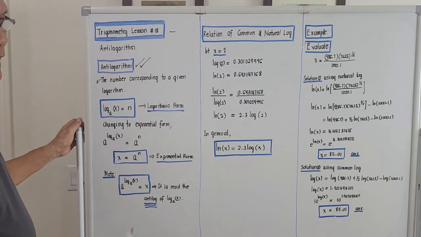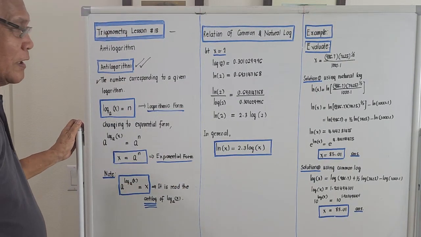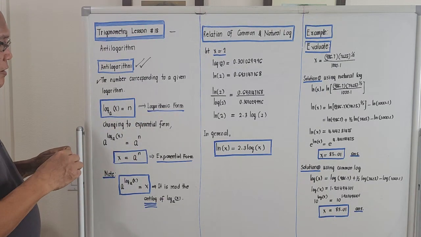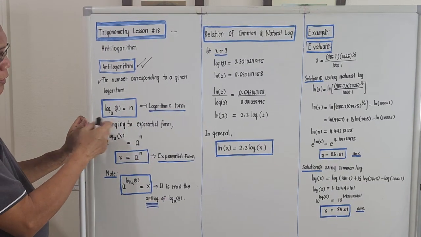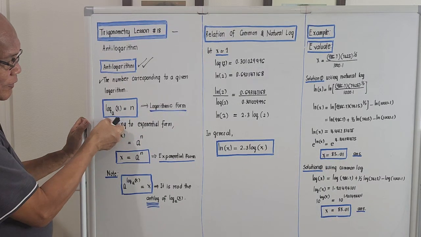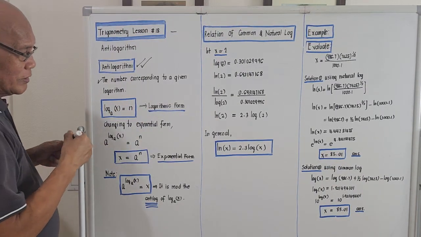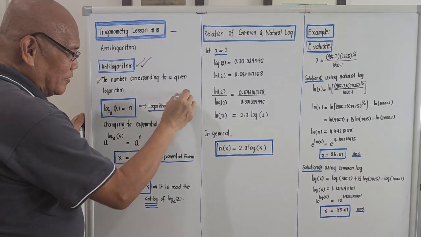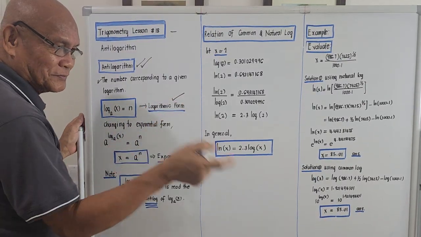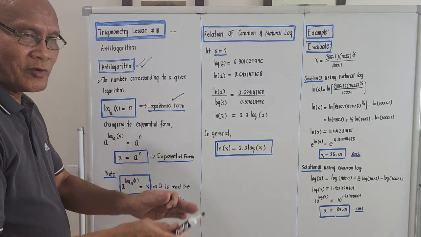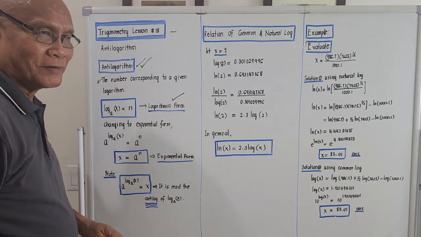Okay, let's try to bring out the logarithmic form. In general, the logarithm of x with the base of a is equal to n. We call this the logarithmic form. This was taken under algebra: the changing of the forms from logarithmic to exponential and from exponential to logarithmic.